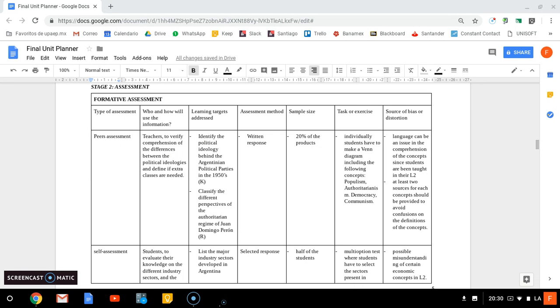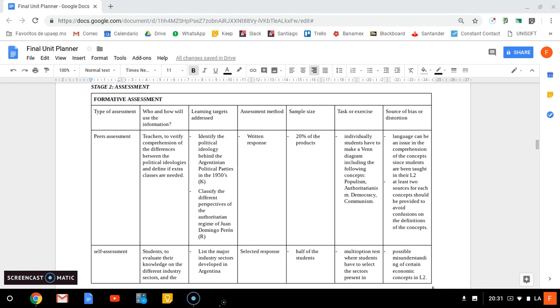For example, teachers or the entire faculty, or even the students to track their learning process. And then it's very important to have a direct relation between the learning targets and your assessment method, because otherwise you will be assessing something that maybe it is not important.